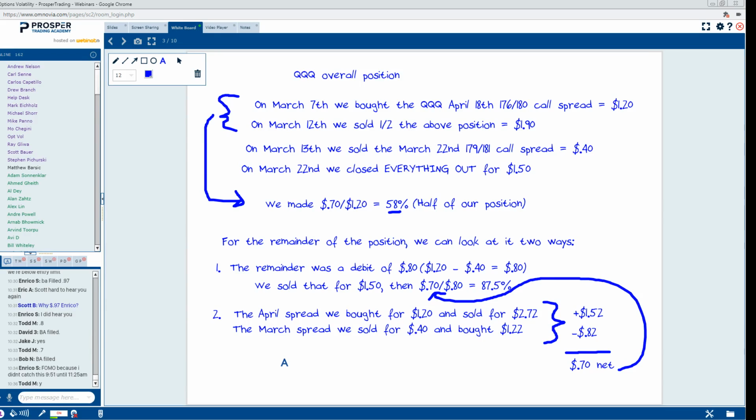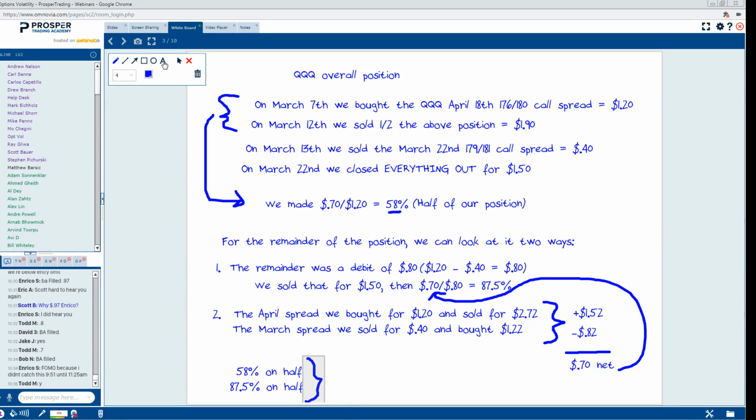So then, as an overall percentage, if we take 58% on half, and we take 87.5% on half, the average of that is 72.75%.